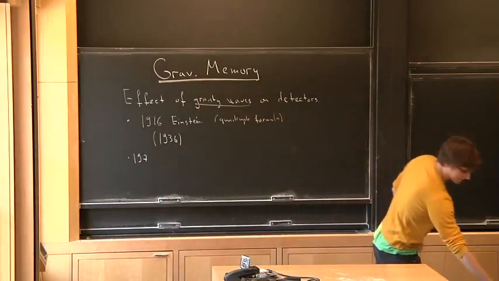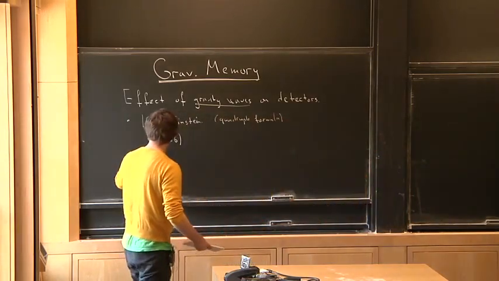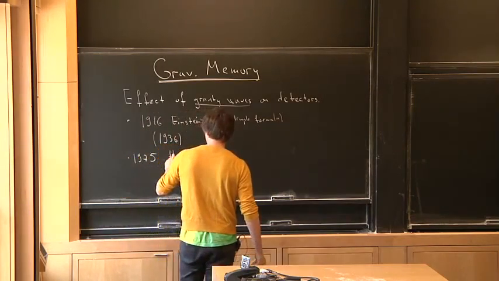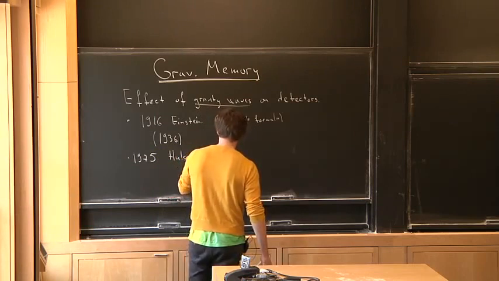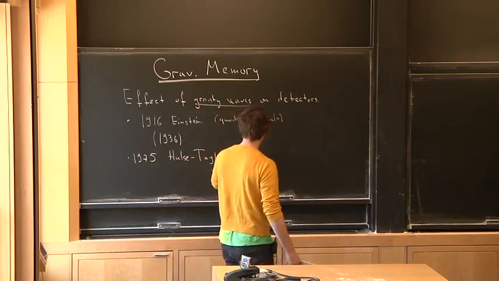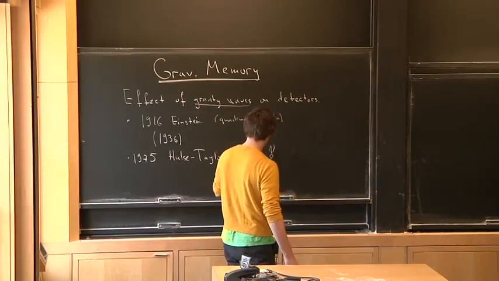So the next date, I guess, is 1975. It's a famous result by Hulse and Taylor, where they observe a binary pulsar. So you have a star and another star, and it emits, say, electromagnetic waves.